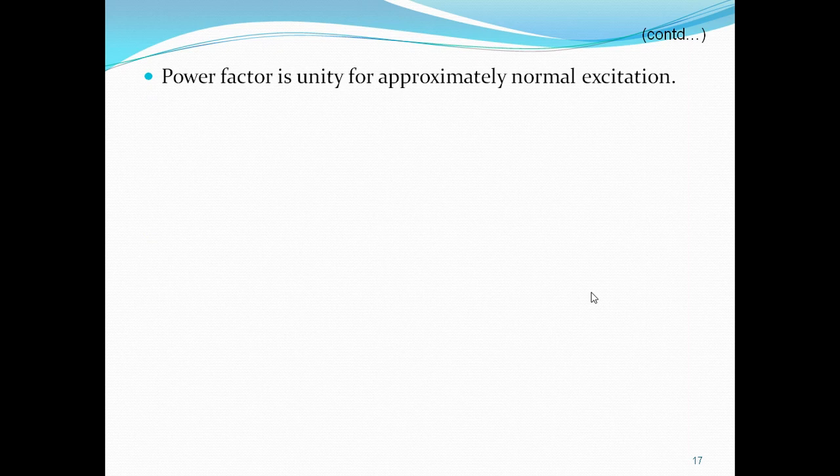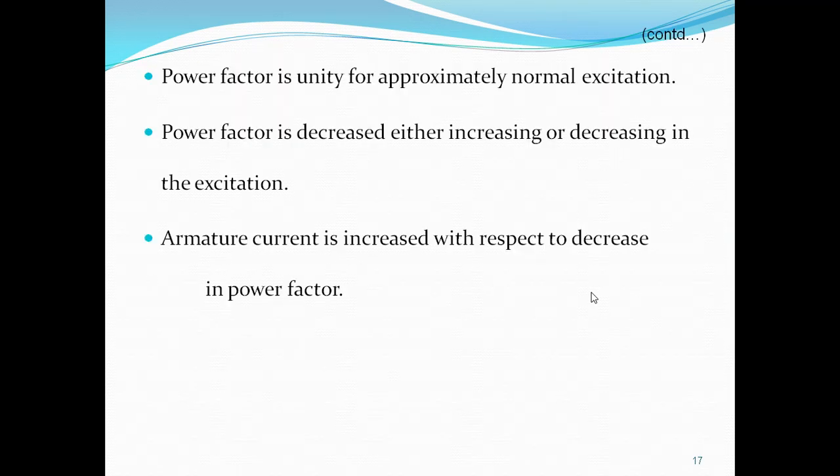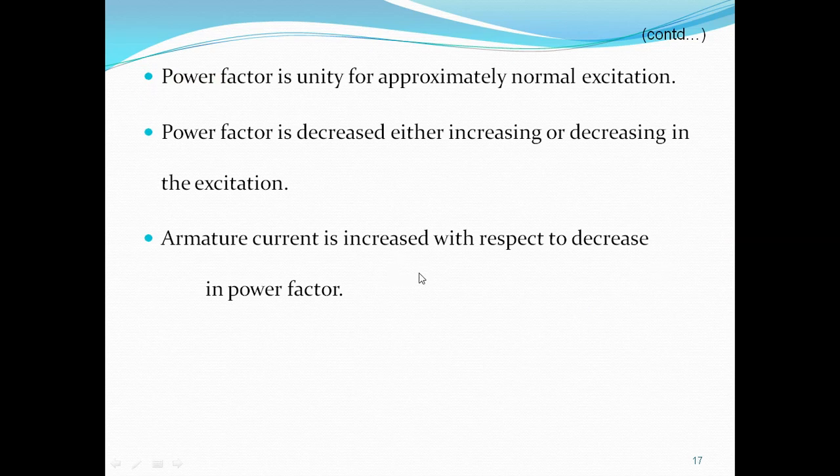So the power factor is approximately unity at normal excitation. The power factor decreases either on increasing or decreasing the excitation. That means if you change the excitation, the power factor changes. Armature current increases with a decrease in power factor. Why?